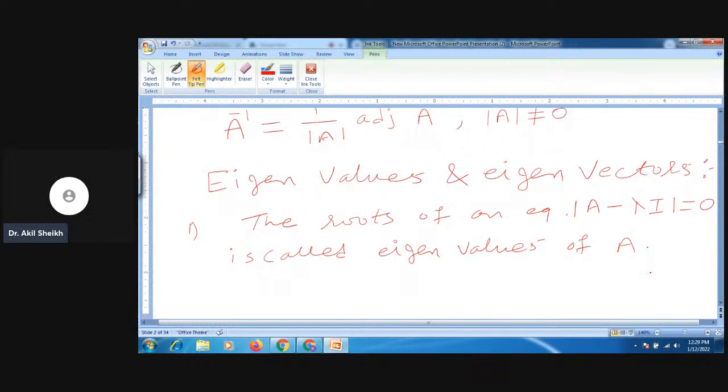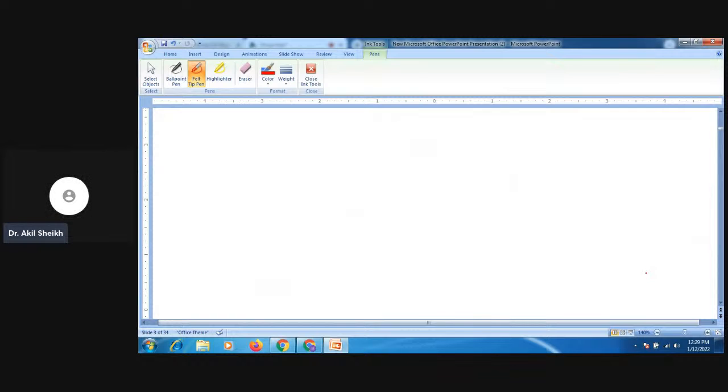Next is the set of eigenvalues. If the given matrix is of order 3 by 3, then it has 3 eigenvalues. If the matrix has order 2 by 2, it has 2 eigenvalues.